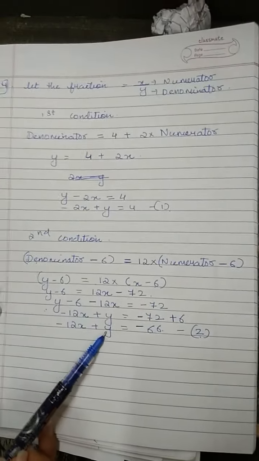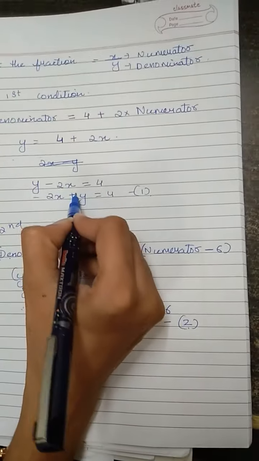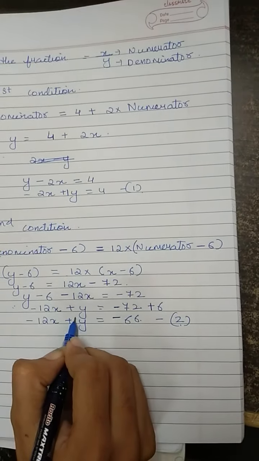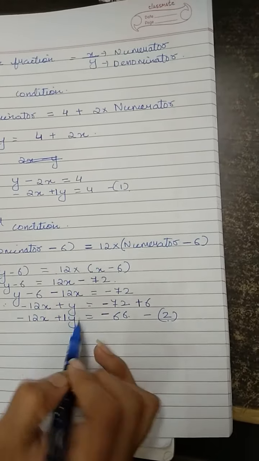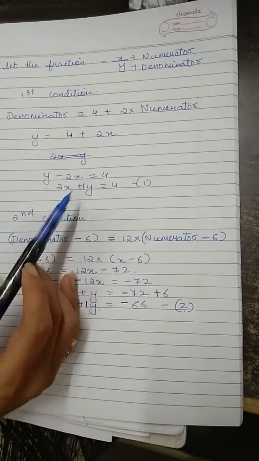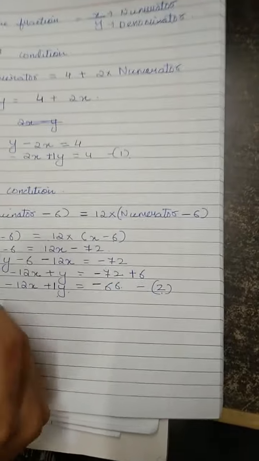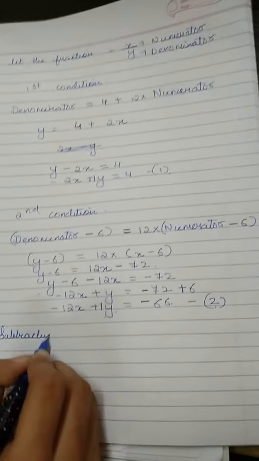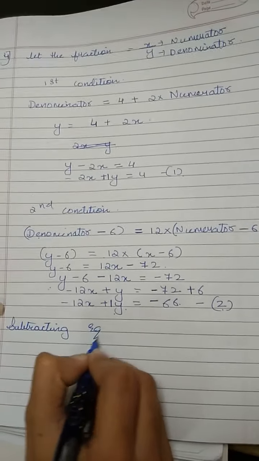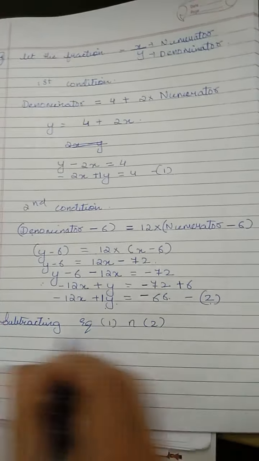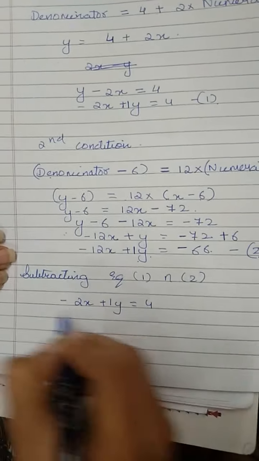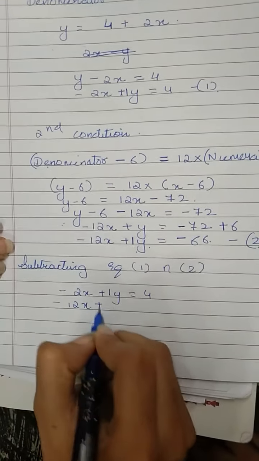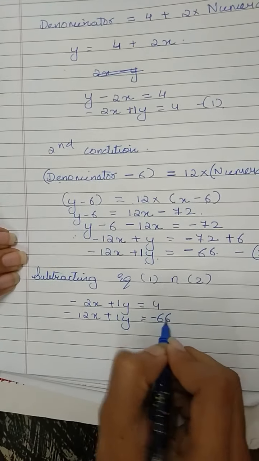Let us see equations 1 and 2. Since the number with y in equation 1 is 1, and in the second equation also with y the number is 1, to cancel them out we need a subtraction sign, so subtracting equation 2 from 1: minus 2x plus y is equal to 4, minus 12x plus y is equal to minus 66.